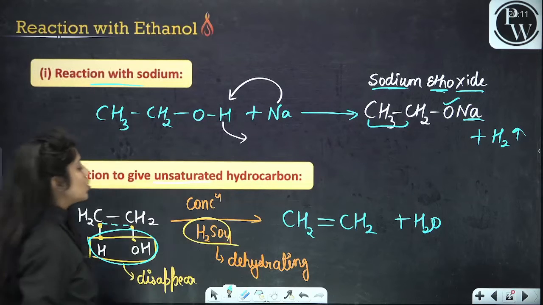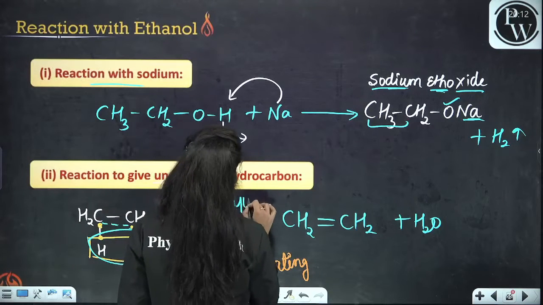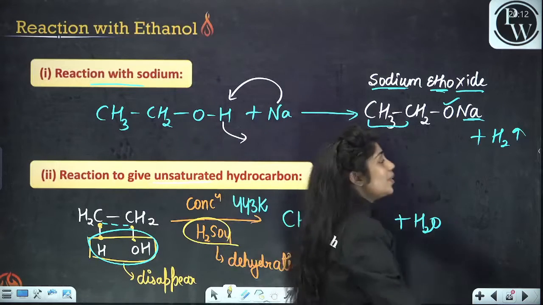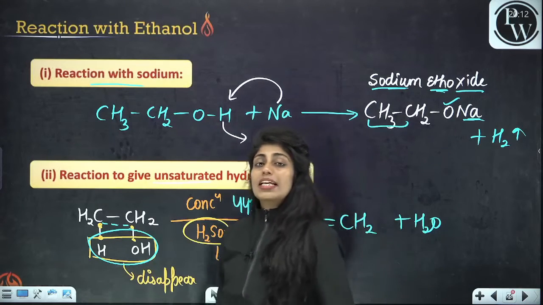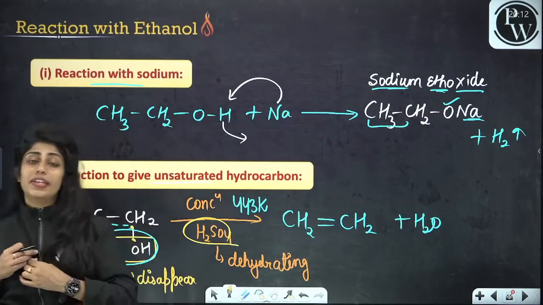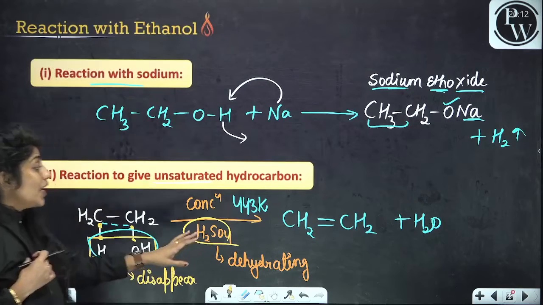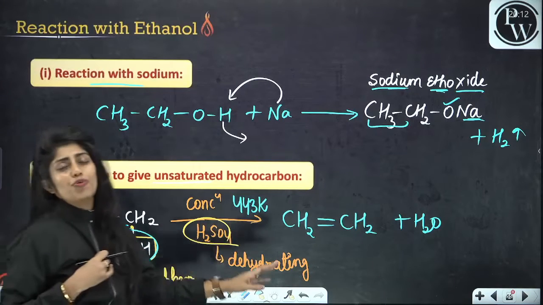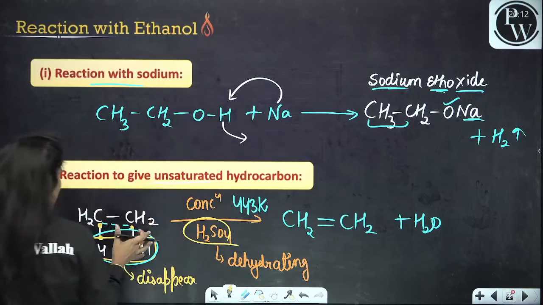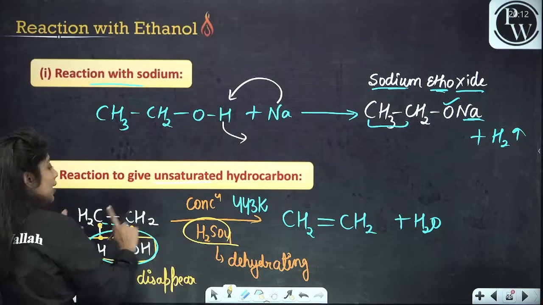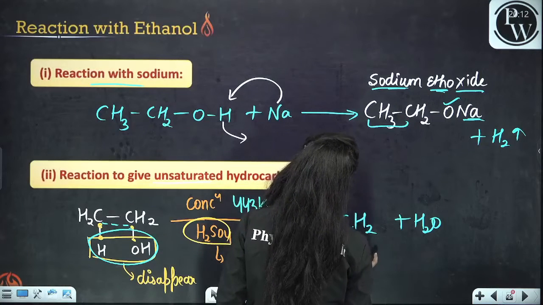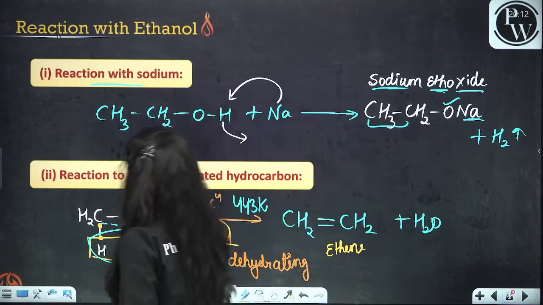And this reaction occurs at 443 Kelvin temperature. In the higher classes, you will get the dehydration at different temperatures. Here we have only one, which is at 443 Kelvin. So basically, we are dehydrating this ethanol, removing the water and making it an unsaturated compound, which is your ethene from ethanol.